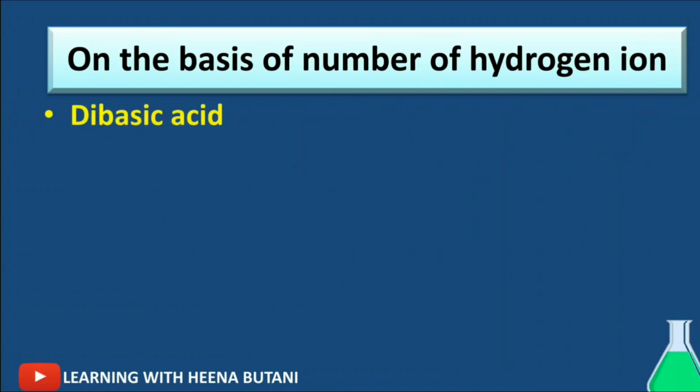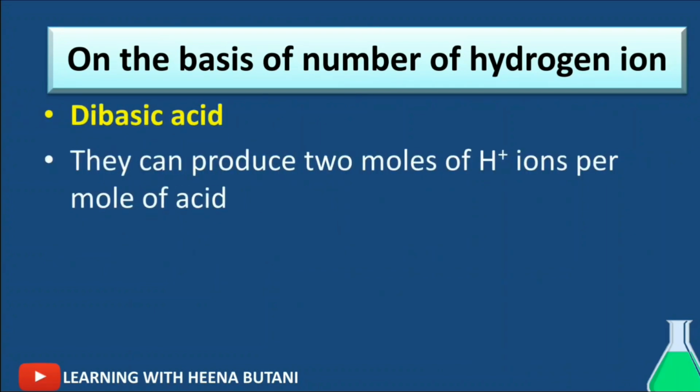Now dibasic acid. Here they can produce 2 moles of hydrogen ions per mole of acid. For example, H2SO4. Here you can see in 1 molecule of H2SO4 there are 2 hydrogen atoms. So it produces 2 moles of H plus ion per mole of acid. So they are called dibasic acid.